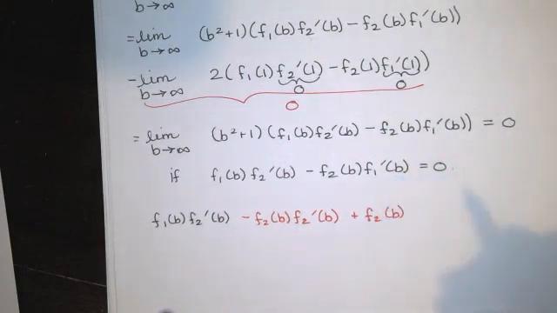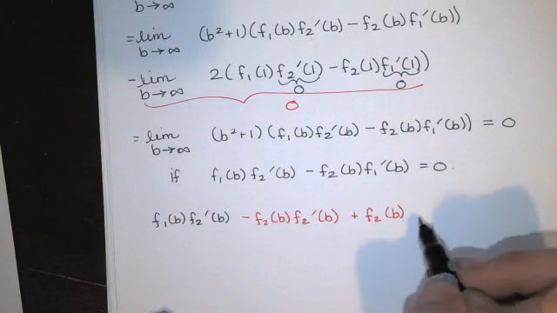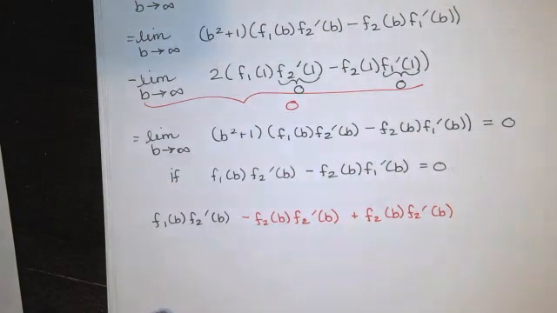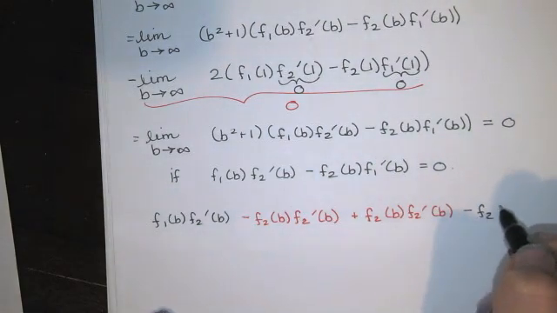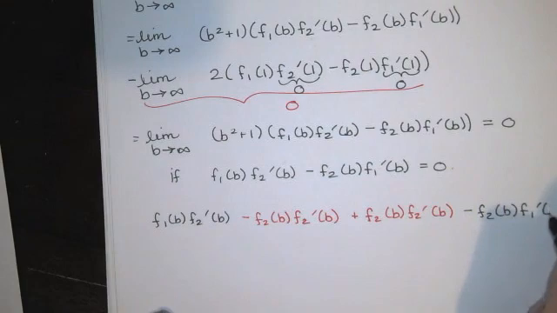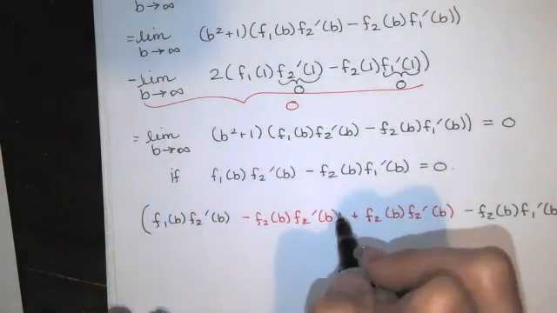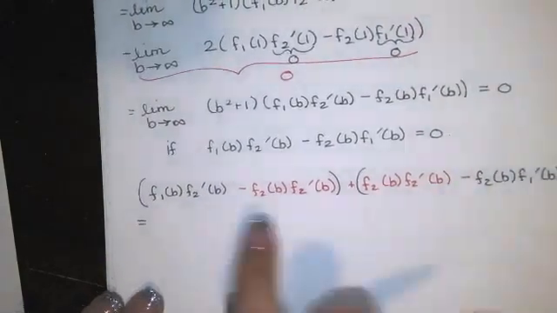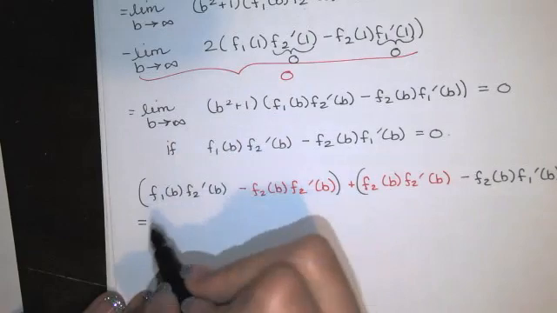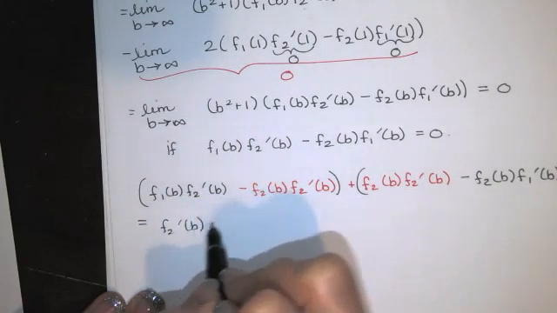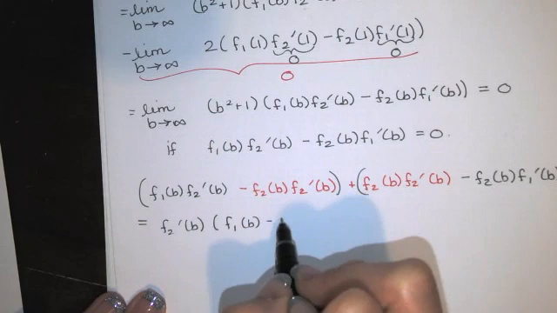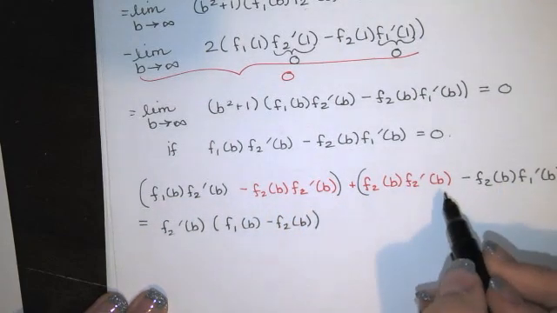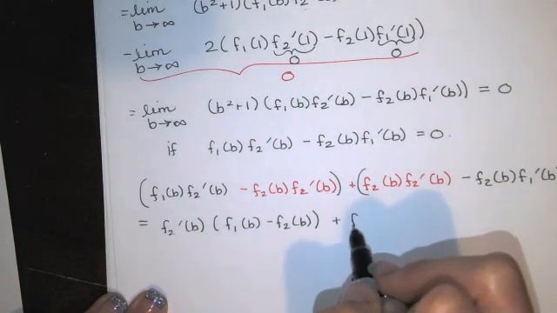That might help. Adding it and subtracting is just adding a well-chosen 0. Then I could regroup these guys and regroup these guys. And then say, okay, these have an f sub 2 prime at b in common. And these two have an f sub 2 of b in common.